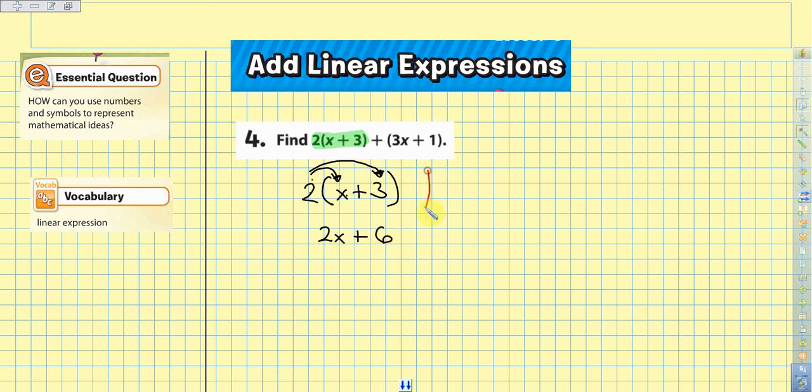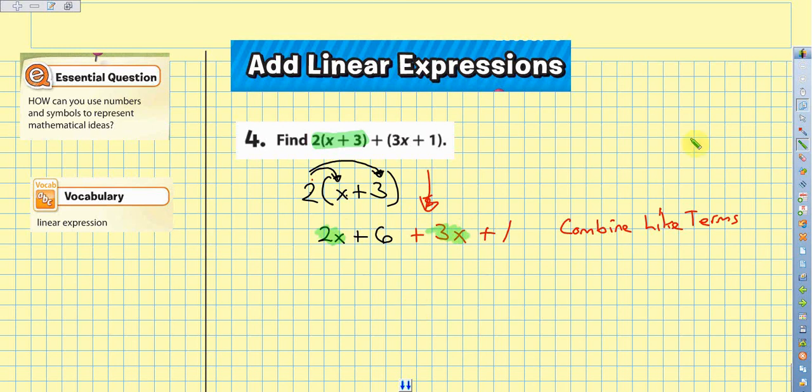Now we can bring down and utilize the 3x plus 1. They're all addition. It's all positive, so I can move these around wherever I want, because now I'm going to combine like terms. What terms? Well, let's see here. I have 2x and I have 3x.